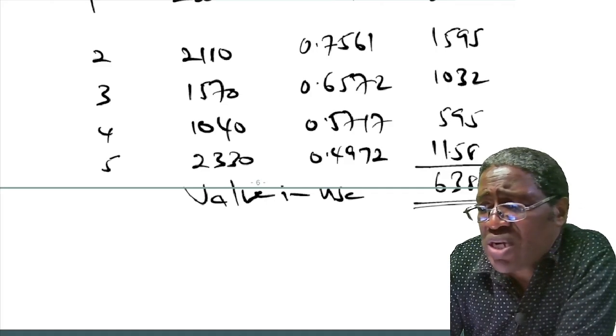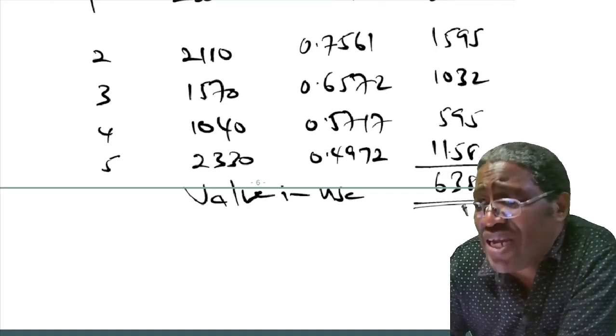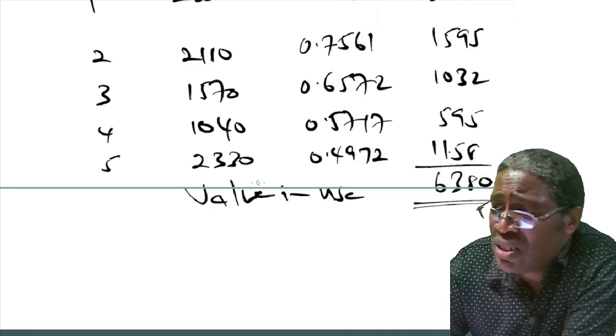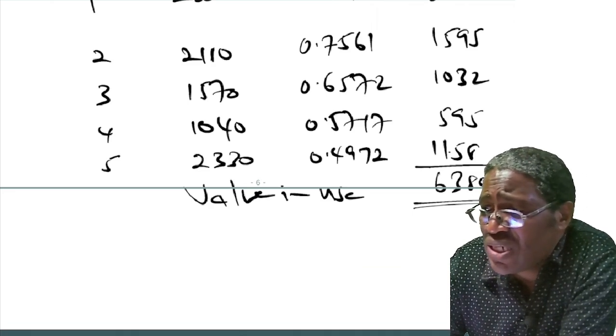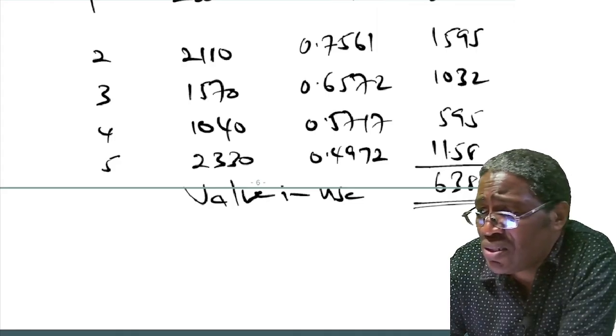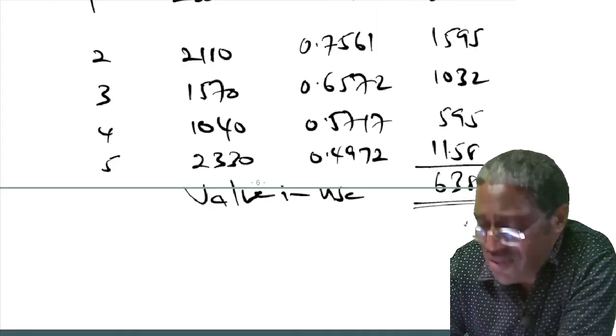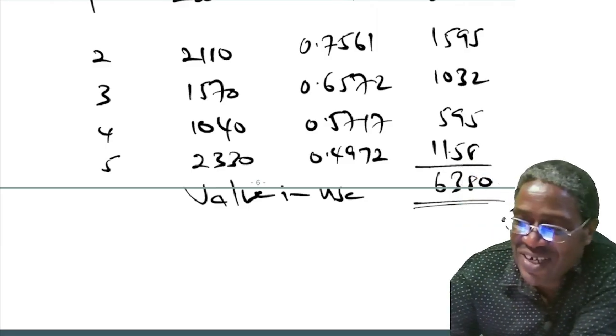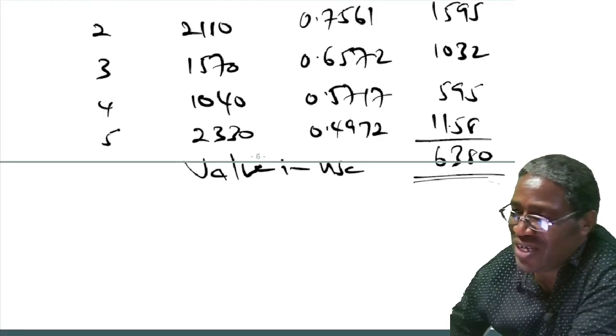I don't think he's right, because when I add, even if you never rounded, you use the decimals, it will not come to that. Thank you, Patti. Okay, 6,380. Fine. Good.